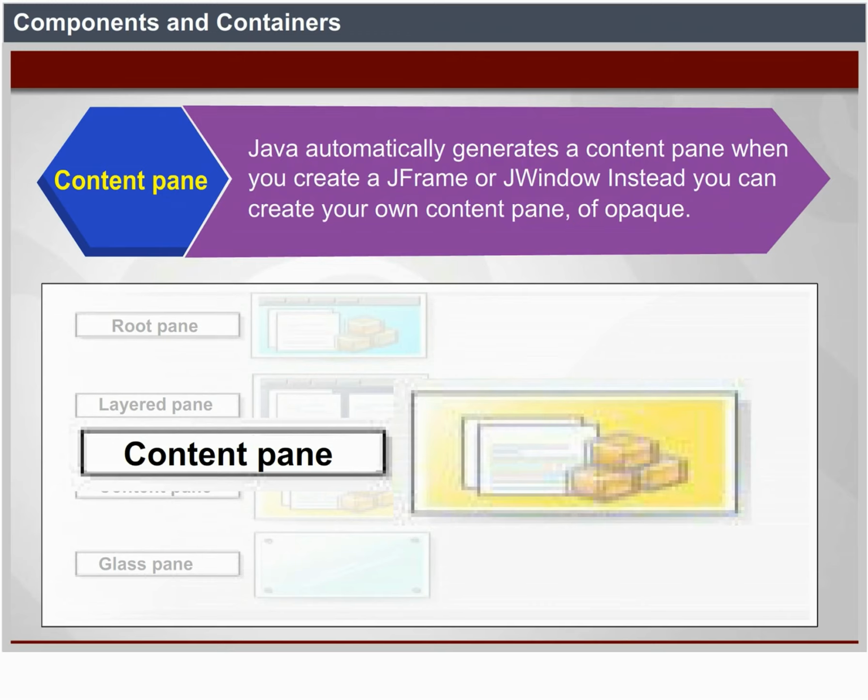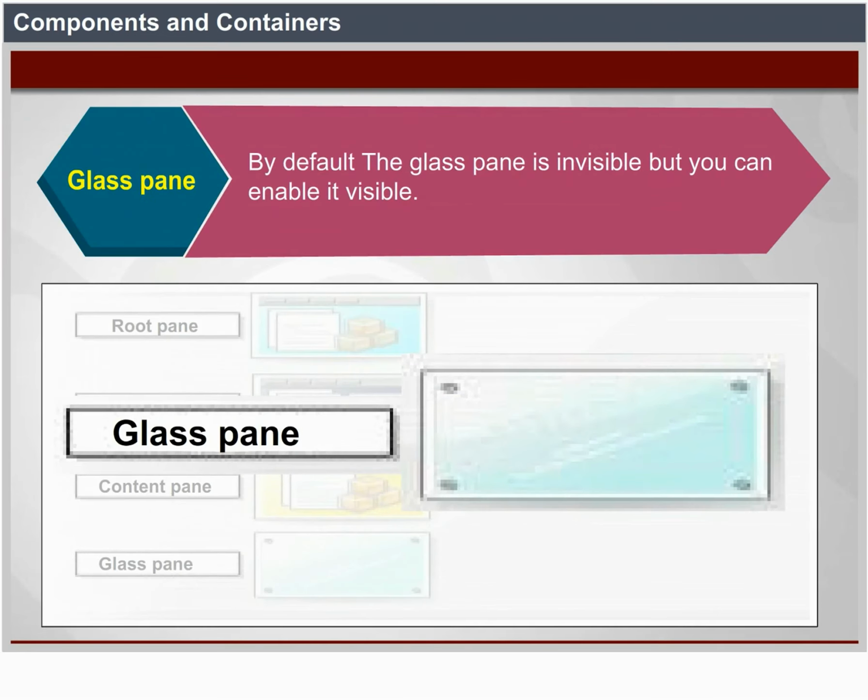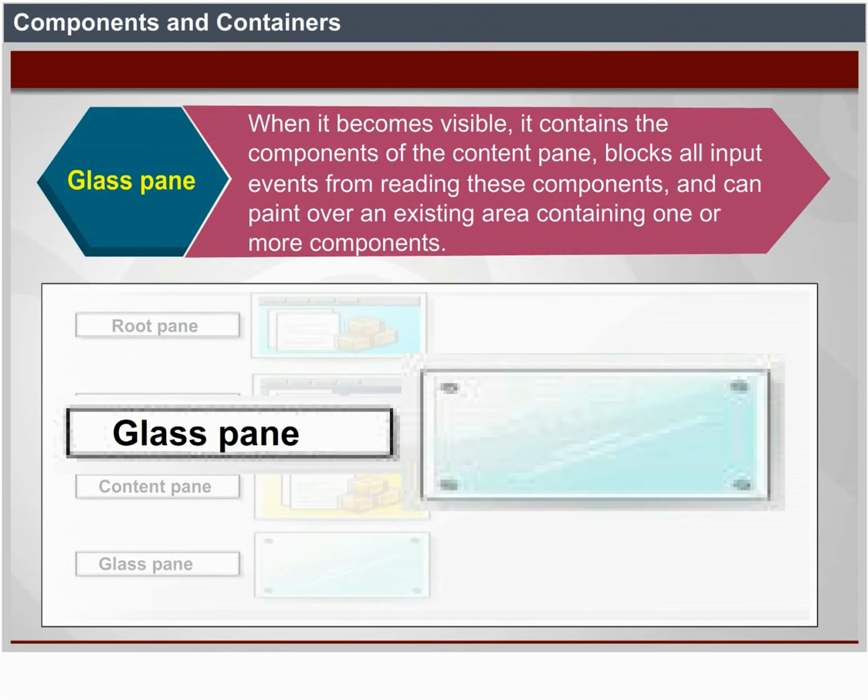Instead, you can create your own content pane that is opaque. Glass pane. By default, the glass pane is invisible, but you can make it visible. When it becomes visible, it covers the components of the content pane, blocks all input events from reaching these components, and can paint over an existing area containing one or more components.